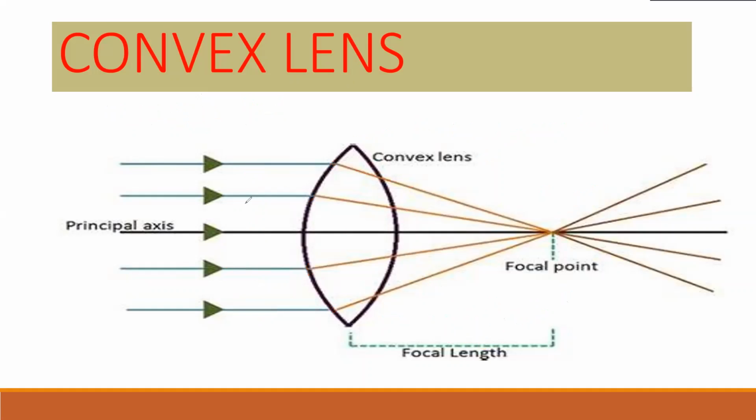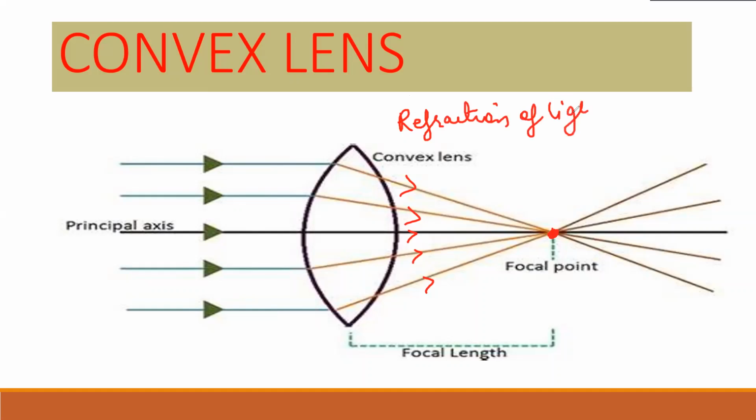Because when the rays are falling on this lens, after refraction, they all are meeting at a point and the point where they are meeting is called focus. Okay, and here which phenomenon of light is taking place? Refraction of light is taking place.